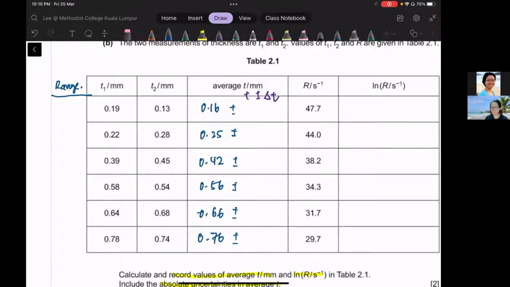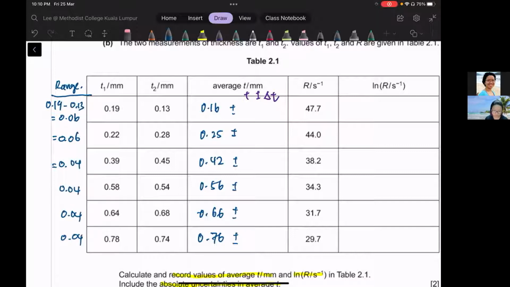What is the range for this one? The range is 0.06, because 0.19 minus 0.13 is 0.06. If I repeat, the next ones are 0.04, 0.04, 0.04, 0.04, 0.04.